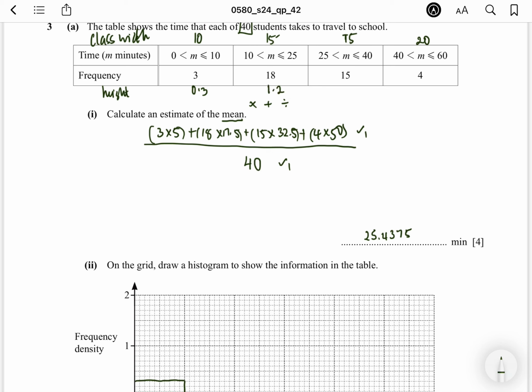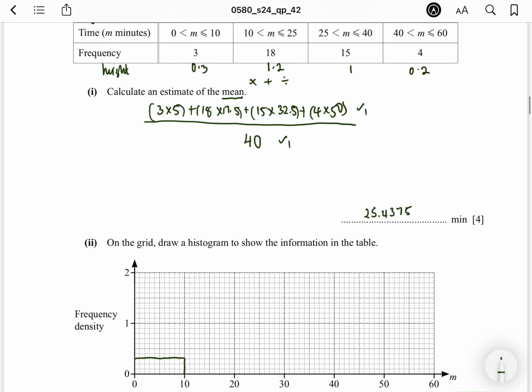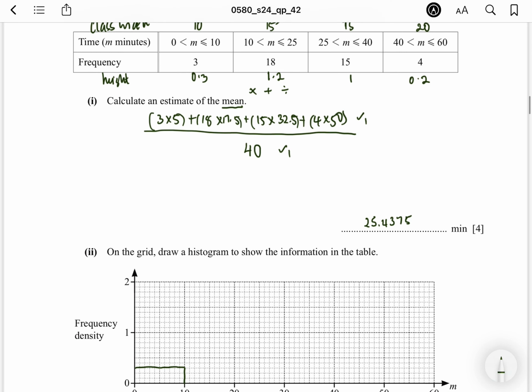And then 15 divided by 15 is 1. 4 divided by 20 is 0.2. Then proceed lah. 10 to 25. Be careful intervalnya. So 1.2, 25, singan sini. Like that.